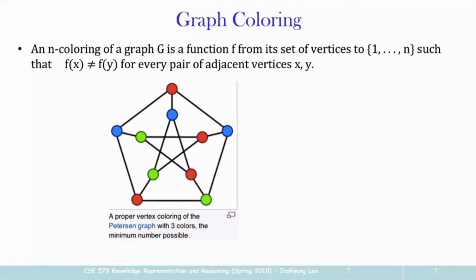The existence of the coloring is an NP-complete problem. So there's no polynomial time algorithm unless P equals NP. No matter what best algorithm or data structure you design, currently nobody can solve it in polynomial time. If you can, there should be a breakthrough.